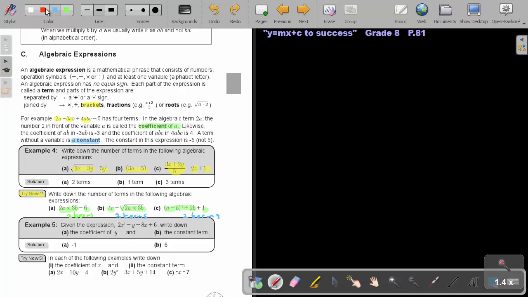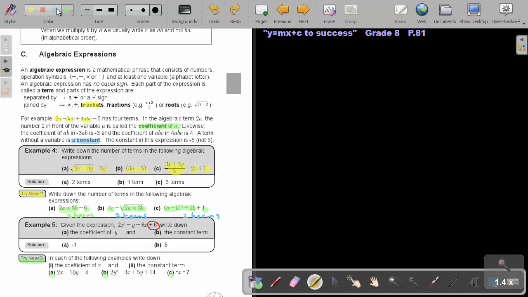If nothing stands there, we know there stands a 1, but remember to grab the sign also. I don't think I marked that so nicely, but that will be -1. And then the constant term, remember it's the one without a variable, and that will be 6. Just remember to grab the sign. That will be +6.